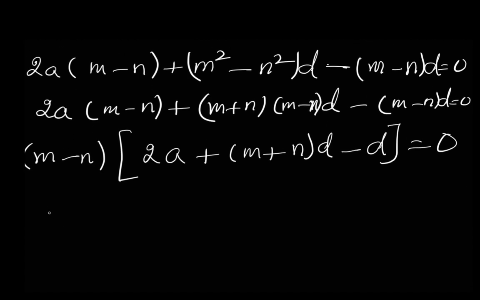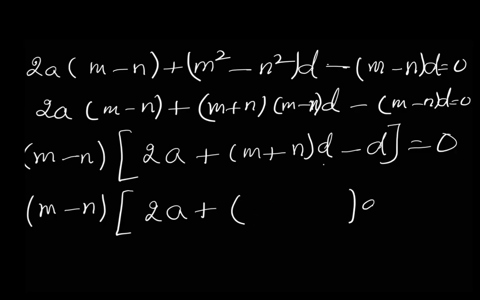So m minus n into 2a plus, see here 1d, here 1d. For these two terms d is common. So let me take d outside. So you will get inside the bracket m plus n. Then the coefficient of d is here 1 minus 1, d is equal to 0.